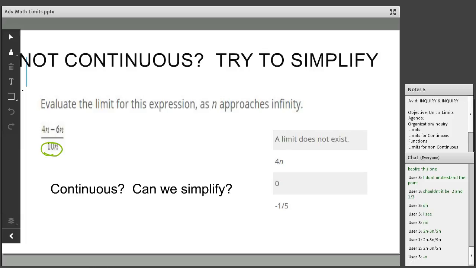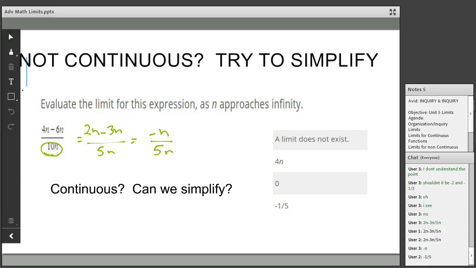And what is 2n minus 3n, Alani? What's 2n minus 3n algebraically? What do you get? Negative n, right? So Alani said this became 2n minus 3n over 5n. We took out a 2, basically, and then 2n minus 3n gives us negative n over 5n. What can we do with those n's?